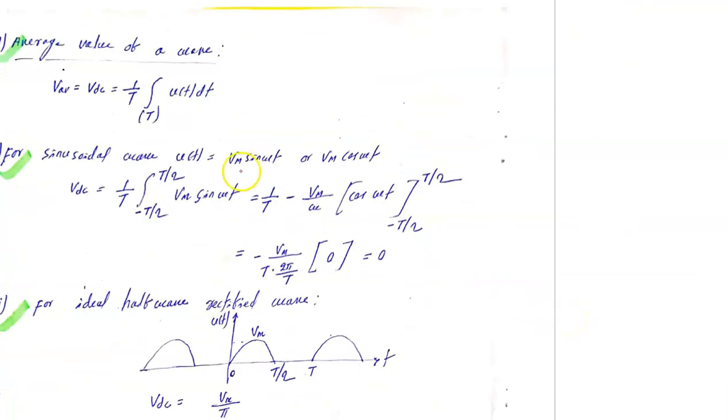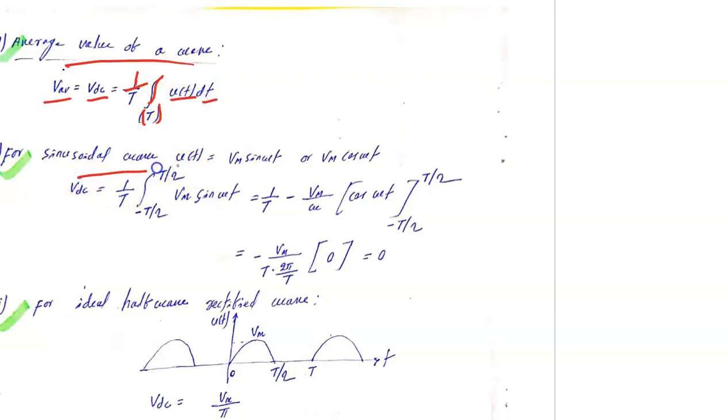Let us move to the average value of a wave. The average value of a periodic wave is defined as 1 upon the period times the integration over the period of v(t) dt.